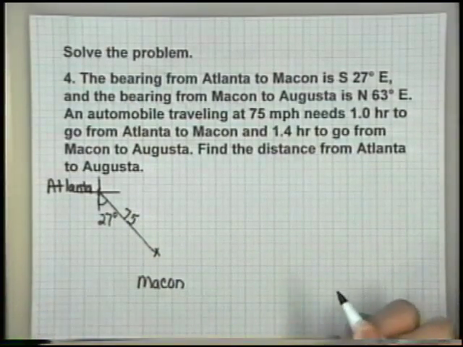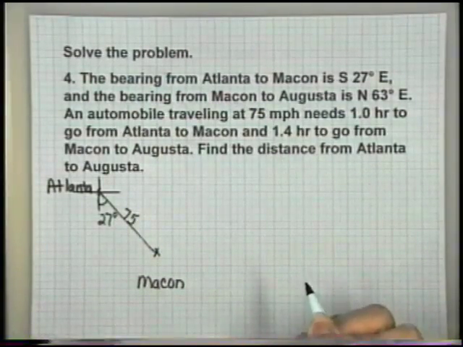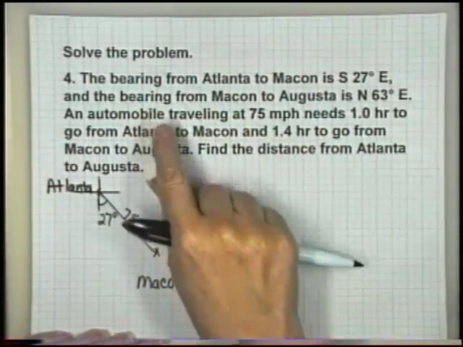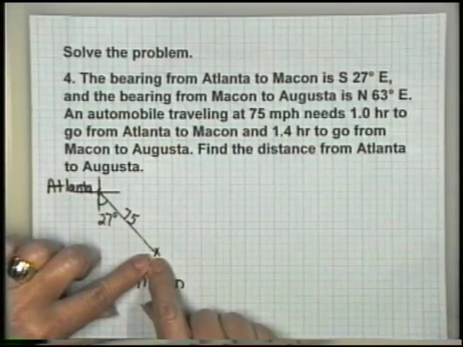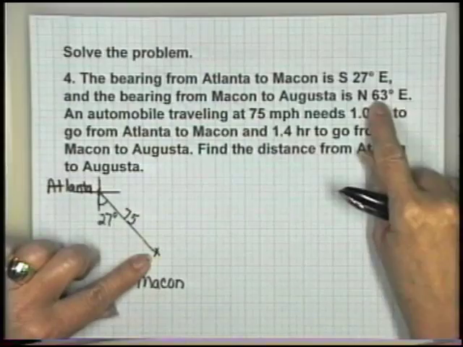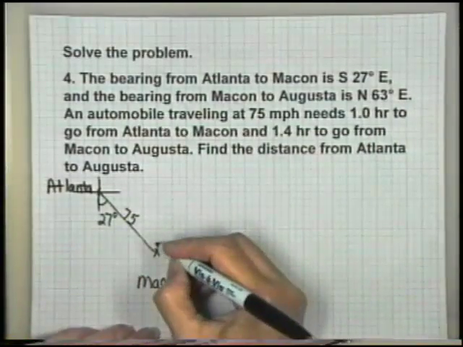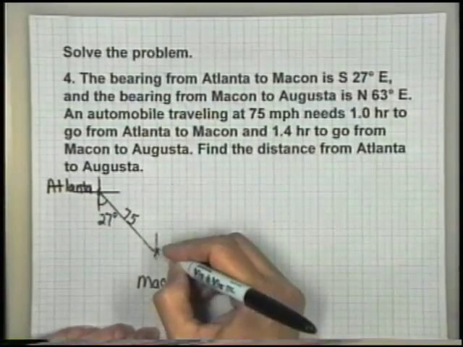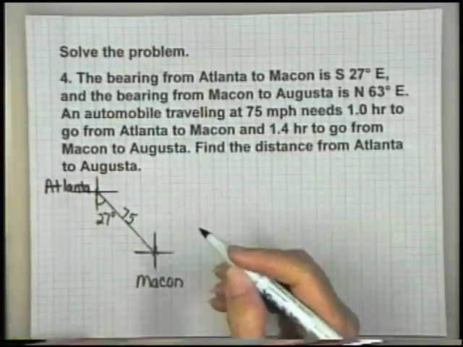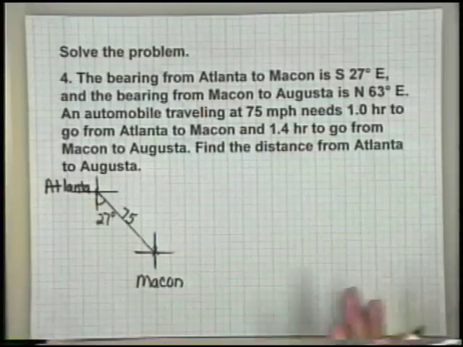So that was pretty easy. Let's see if we can get a location for Augusta. Let's see what it tells us. It says the bearing from Macon, so I start at Macon, to Augusta is north 63 degrees east. And once again, I like to sort of do my north-south and my east-west.